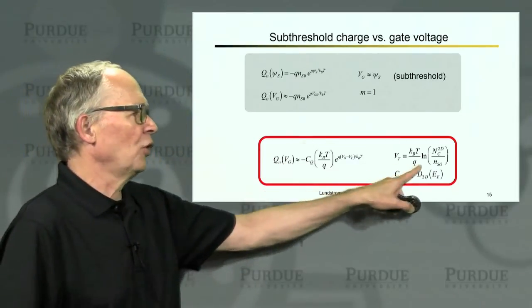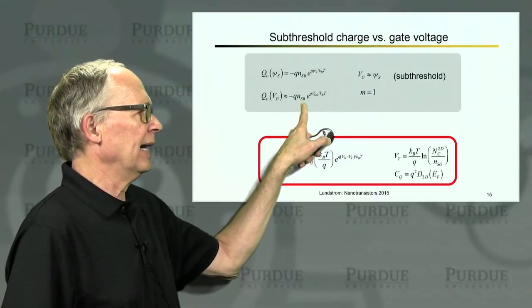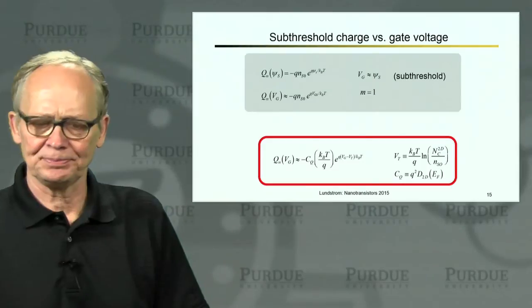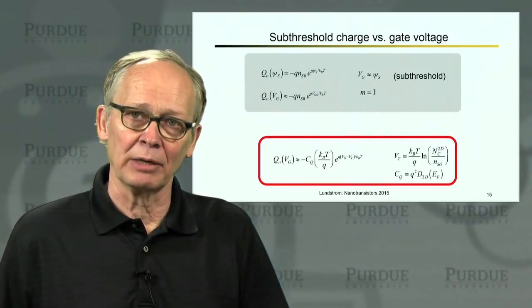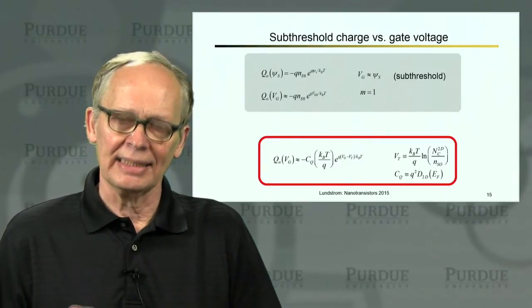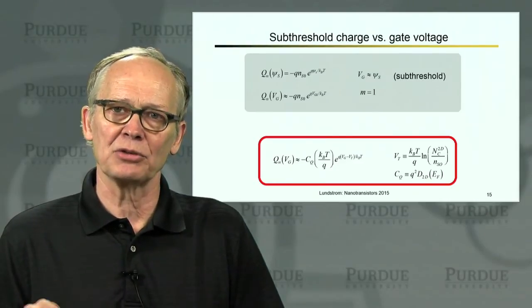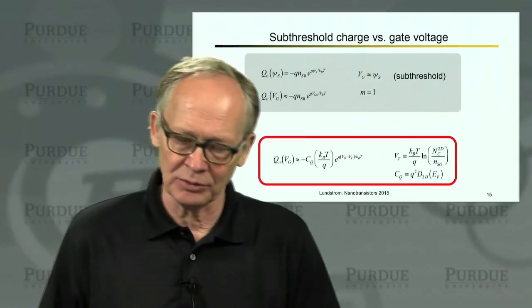Now, I can solve this equation for n0, and I can eliminate that from the top equation here, and I can end up with this equation. This equation now is nice because it looks similar to our result for the bulk. We now see that the mobile charge in subthreshold goes exponentially with gate voltage minus threshold voltage, divided now by 1 kT, not by m kT. That's the only difference.